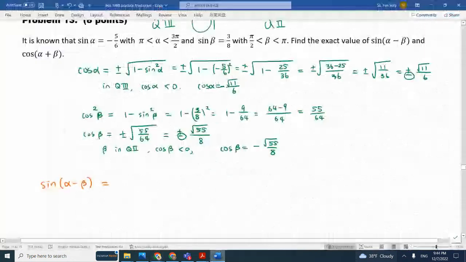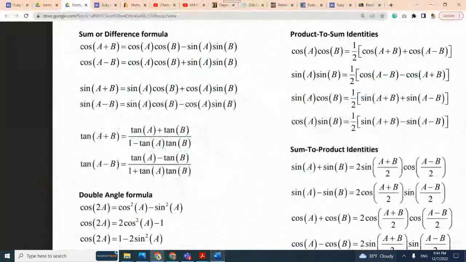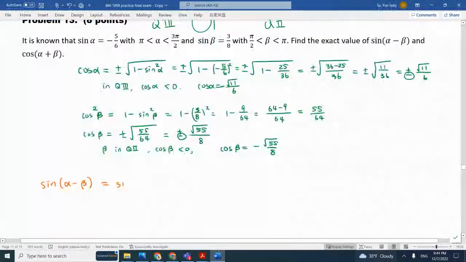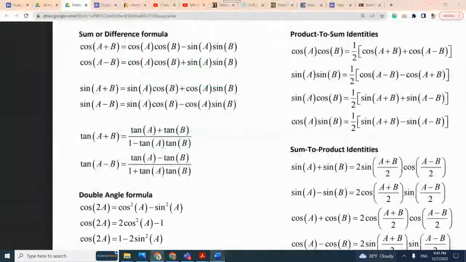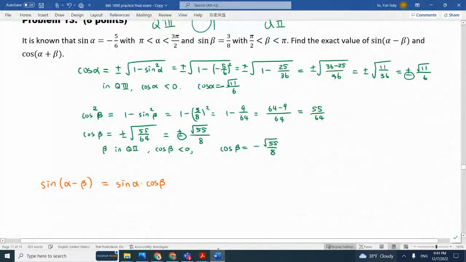Sine A minus B is sine A cosine B minus cosine A sine B, where A is like alpha and B is like beta. Okay, this is the formula.